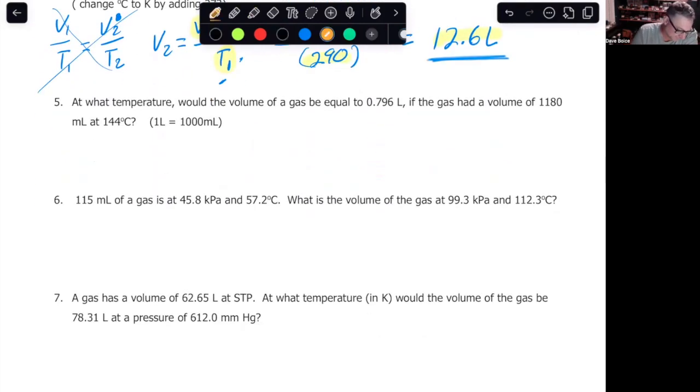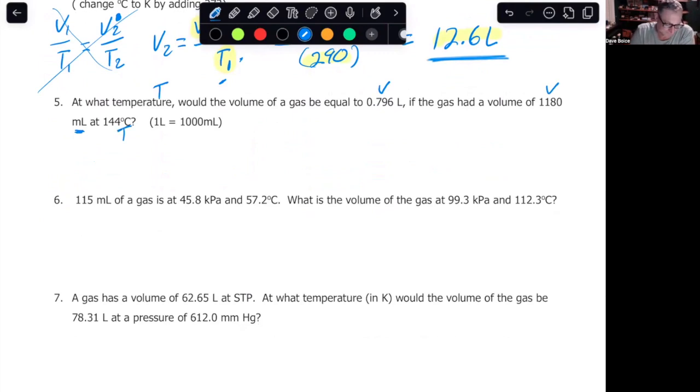Okay, so number 5, at what temperature would the volume of a gas, here's a volume, if the gas had a volume of another volume, but this is in milliliters, that's not going to work, and another temperature.